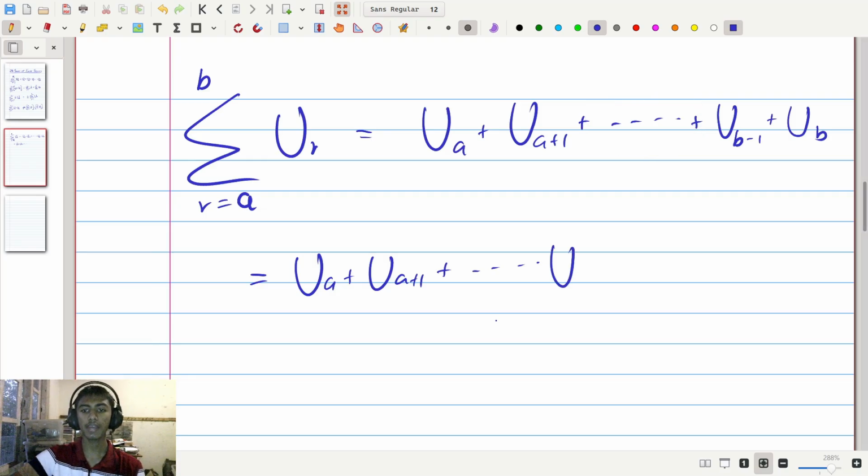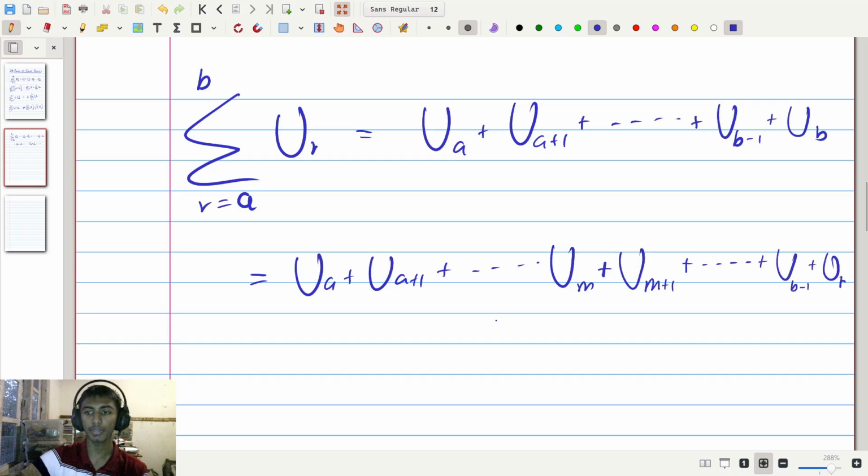So let's say we have a value m which is somewhere in between a and b. So in between the terms of u of a and u of b, there's going to be a term u of m. There's also going to be a term after it, which is going to be u of m plus 1. And then after that, there's going to be more terms, and eventually we're going to end up back at u of b minus 1 and u of b.